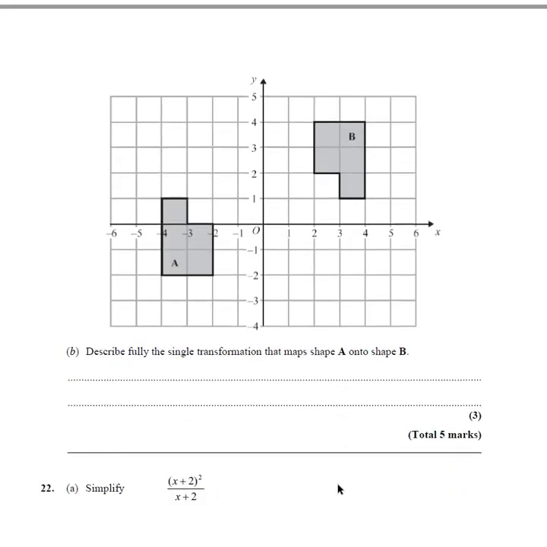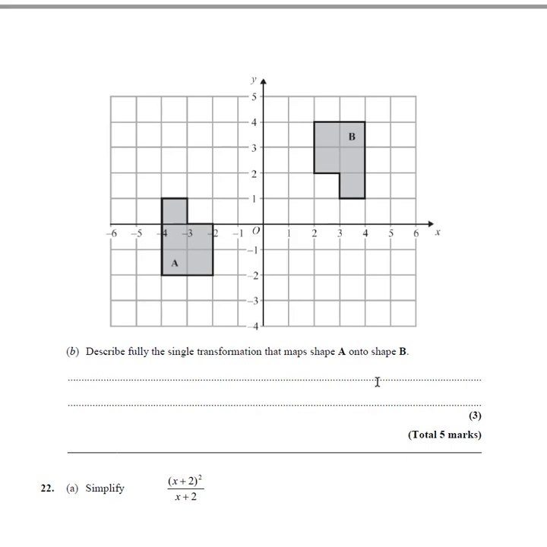Describe fully the single transformation that maps shape A onto shape B. Well, you can see how this has ended up on this. So you need to decide whether it's a rotation, a reflection, an enlargement, or a translation. Whichever one it is, you need to describe it in full detail. For example, if you think it's a reflection, you've got to give the equation of the mirror line.